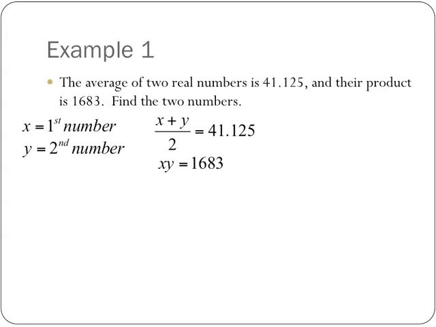Now for this problem, we need to somehow combine this. We have 2 equations and 2 variables, but you'll notice that this is not solvable as a linear system of equations because that second equation is not a linear equation, right? It's x times y. Not x plus y or 2x plus 2y or anything like that.